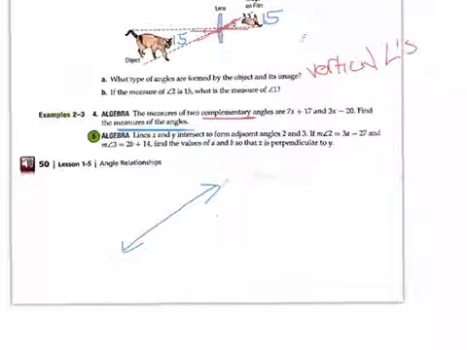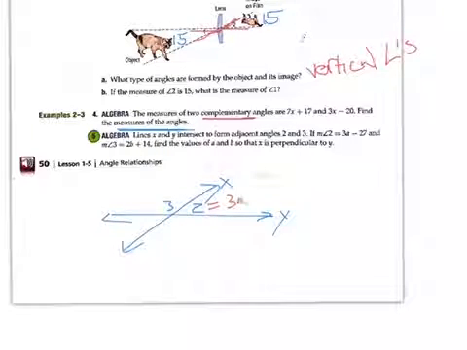So here's line x, here's line y, forming adjacent angles 2 and 3. It says angle 2 is 3a minus 27. It says angle 3 is 2b plus 14. It says find the values of a and b so that x is perpendicular to y.